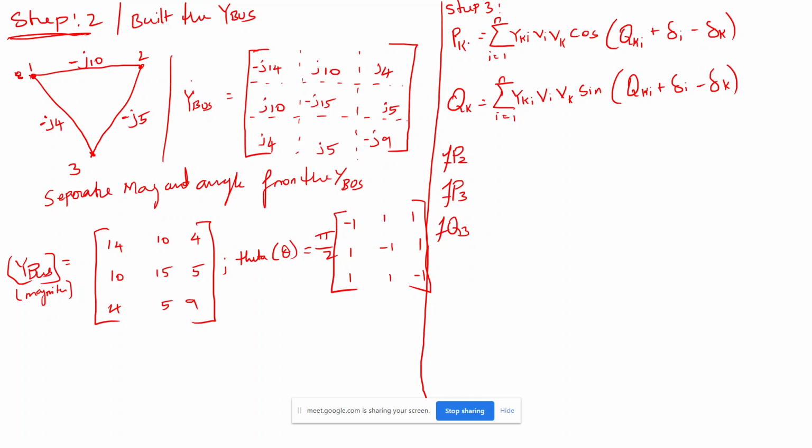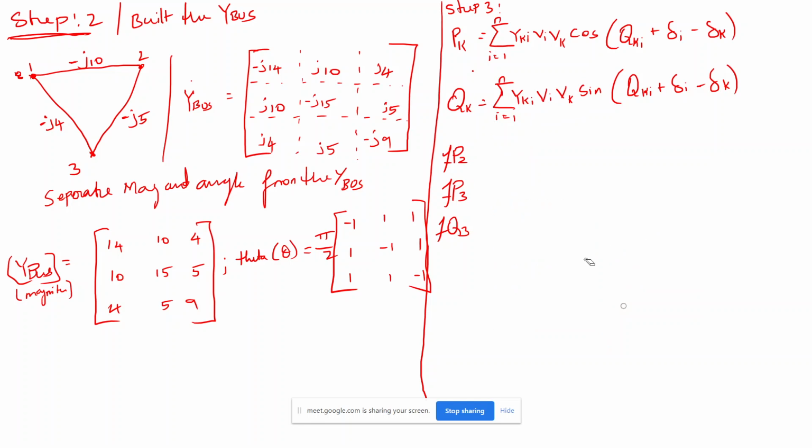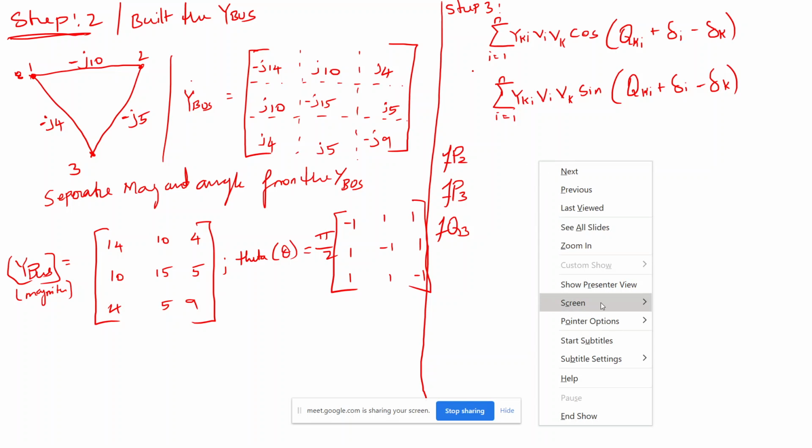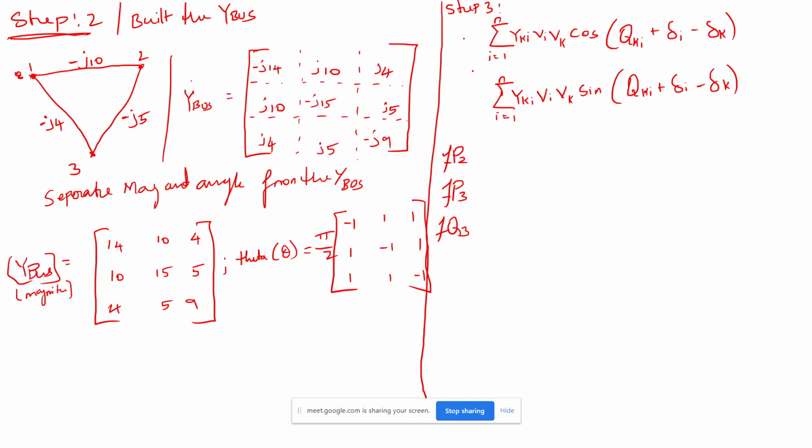Instead of this, if I want to make this 0, then I can write it like this. So I will call this equation 0 when this goes inside, right?